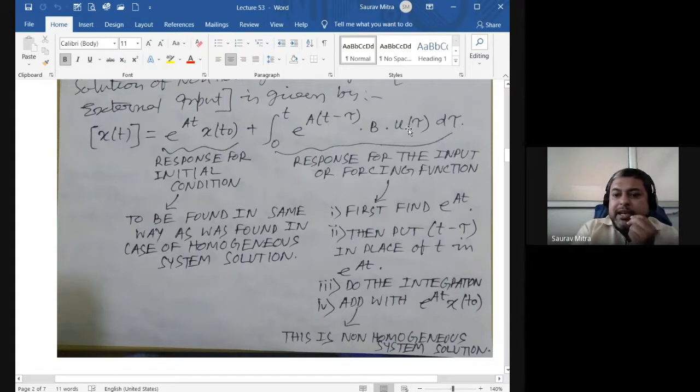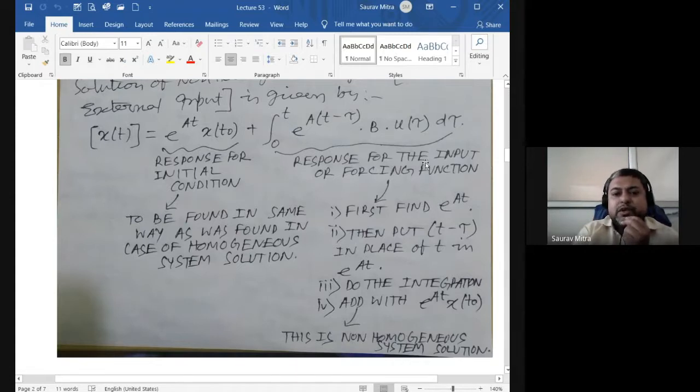It's a scalar, a direct amplitude you can write. We don't make the numerical difficult for you, because if I give u(tau) as a ramp, this integration will become very difficult. So generally we give u(tau) as 1, 2, 3, some constant.